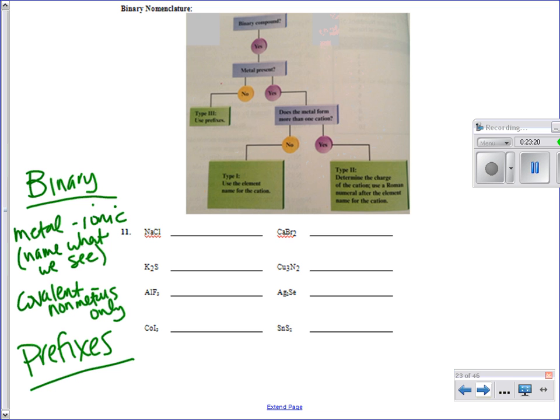Okay, so you're going to get sick of me. The first question I'm going to ask every single time is ionic or covalent, and you have to answer that question. Then, if it is ionic, can the metal have more than one charge? If the metal can have more than one charge, what do we need?